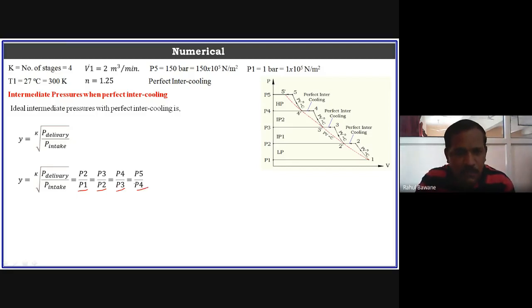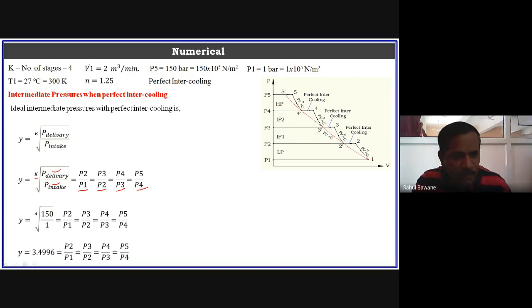So this will be a constant. We don't know the intermediate pressures, but we know the delivery pressure, the intake pressure and the number of stages. If I put number of stages 4, delivery pressure 150, intake pressure 1, the value comes to 3.4996, and this must be equal to all the pressure ratios.